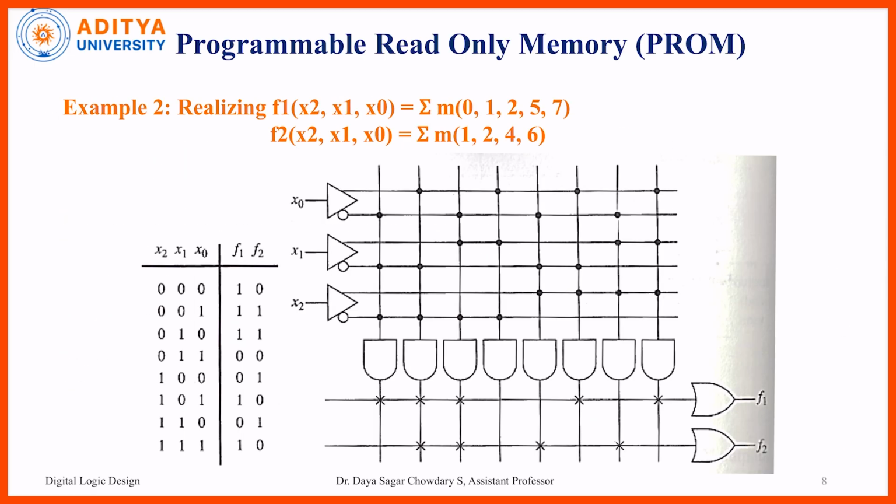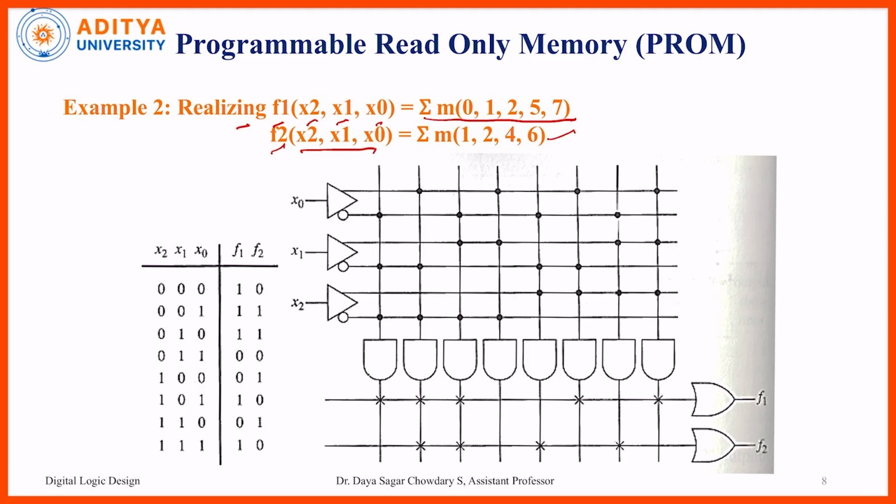Now coming to the second example, realizing the function f1 of x2, x1, x0. These are the variables, and this Boolean function we can simplify with the help of K-map or SOP or POS form. There is also an f2 function containing x2, x1, x0, again a Boolean expression.